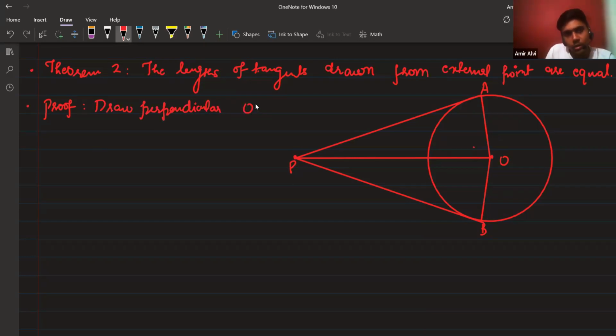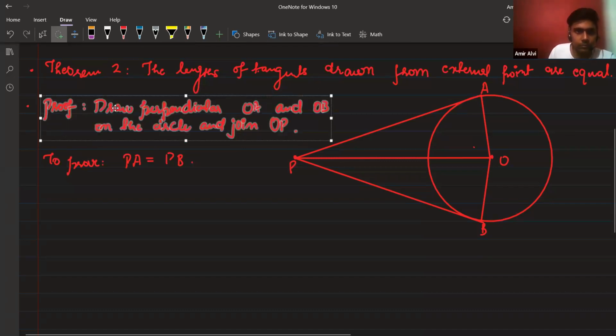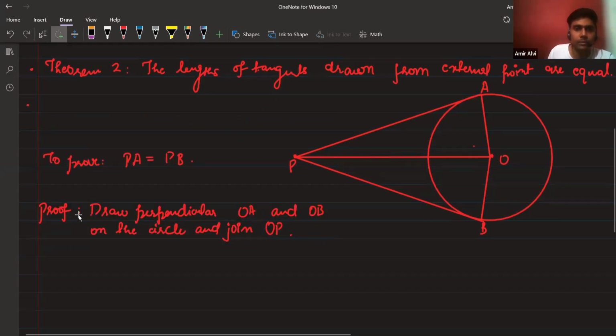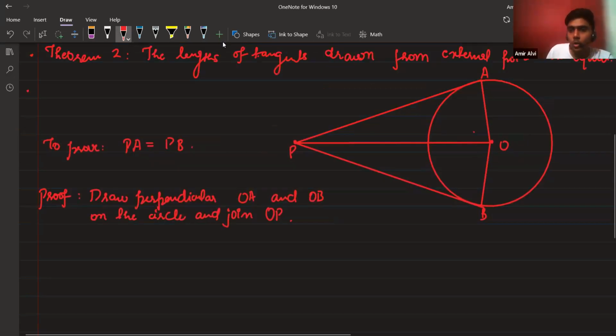Perpendicular. OP. Clear? Yes or no? To prove PA is equal to PB, so now say that OA will be equal to OB.